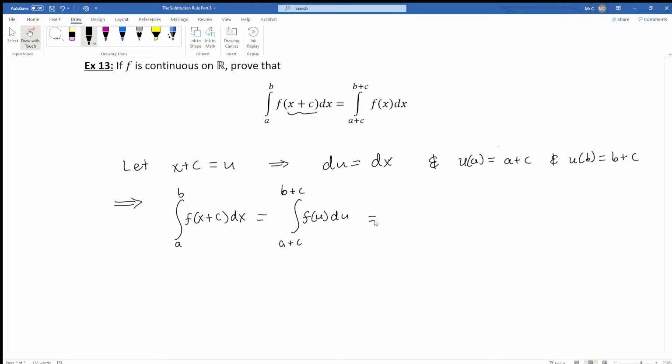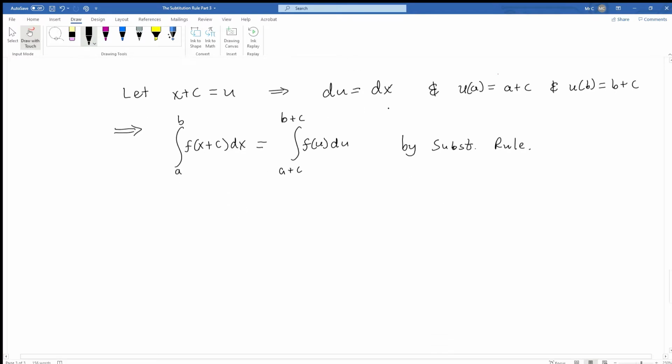Now, let me just write this separately. So this is by the substitution rule. When we're writing proofs, if we use a theorem, we should cite that theorem.